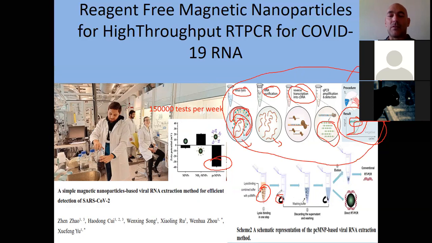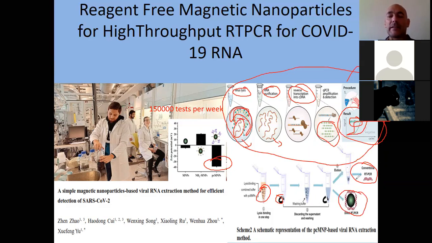Here you can see you can use a magnet to collect the nanoparticles with the RNA at the bottom of the tube. And then you can do the wash, and then you can either remove the RNA from the nanoparticles and do your analysis, or you can do the analysis directly on the nanoparticles.